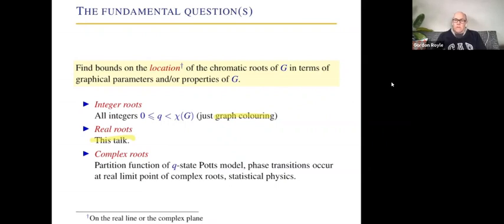And so I'll just say some buzzwords so that if you're interested in that aspect, you can look them up. So Yang-Lee theorems talk about phase transitions. Phase transitions occur at real limit points of complex roots. And so there's lots of work in statistical physics about the complex roots of chromatic polynomials.